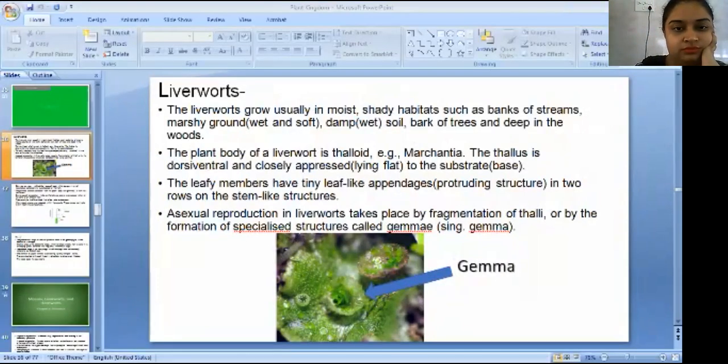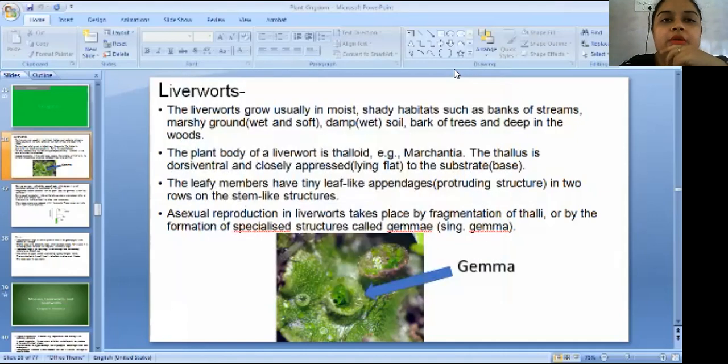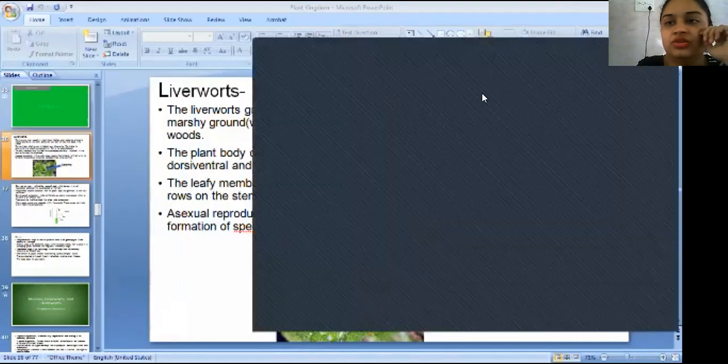They are like small buds. They are small bud-like structures. Okay. So this bud-like structure is helpful for what? Sorry? This bud-like structure is helpful for what?